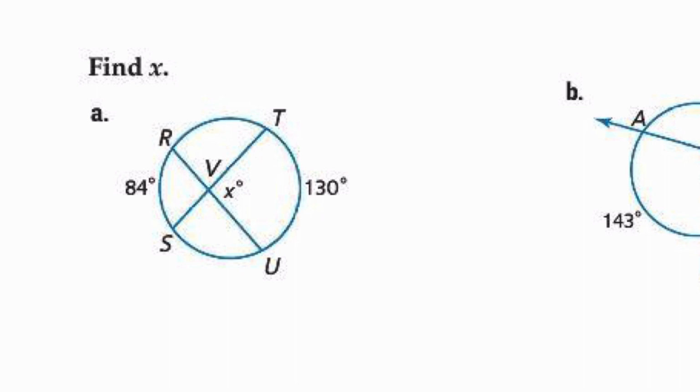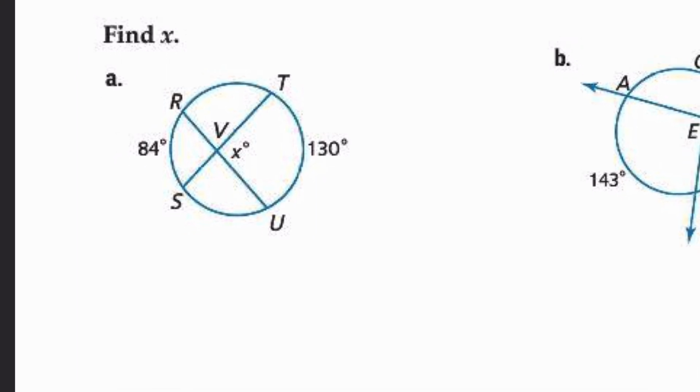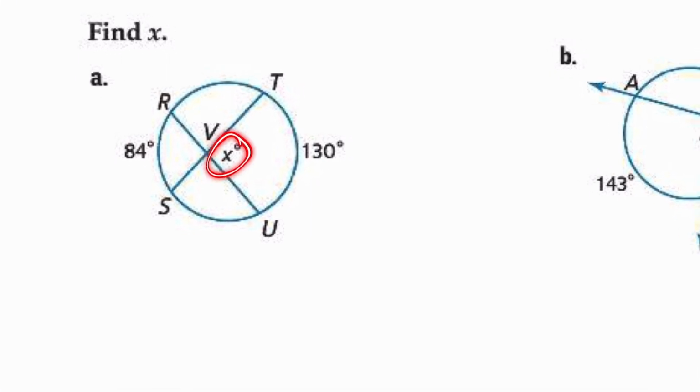If this is the angle, then we have the intercepted arc, and that should be next to this arc here as well. So all I have to do is say, okay, x equals this arc plus this arc, all over 2.